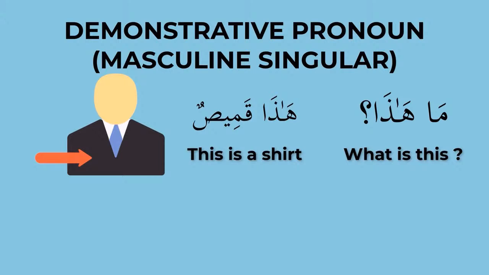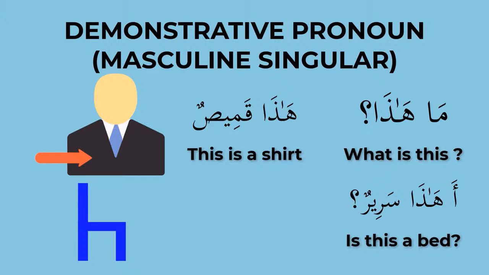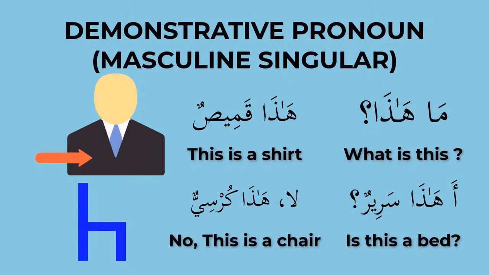Ma hadha, what is this? Hadha qamisun. Remember, we have to pronounce it. Qamisun. Okay, brother? Hadha sarirun. La. Hadha kursiyun. Are you with me, brothers and sisters? Again, what is la? It's a particle, harfu jawab, particle of answering.